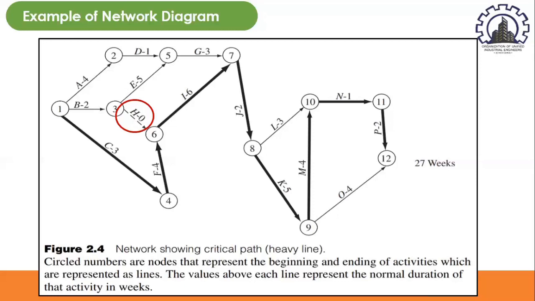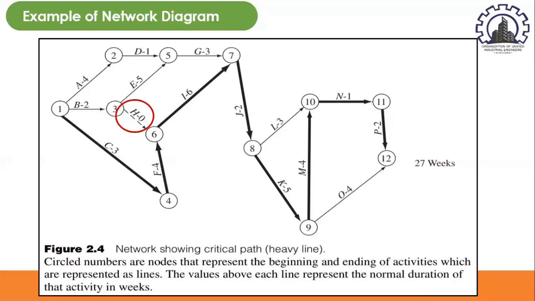So in this case, you have nodes 1, 2, 3, 4, up until node 12, okay? So that means our starting node is node number 1 and our ending node is node number 12. But don't you worry, this will be discussed further in a separate video. This is only given for presentation purposes.